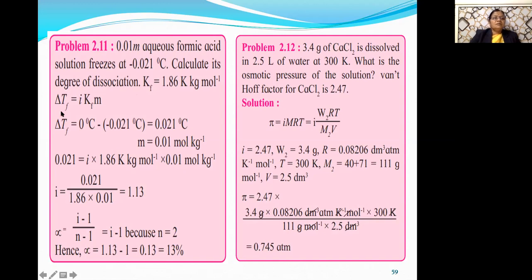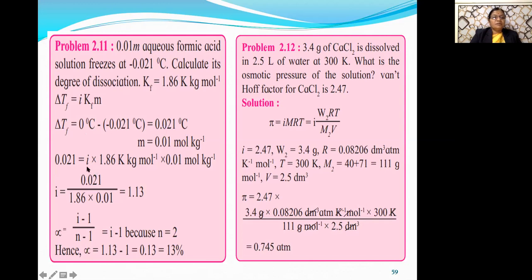Now this is the modified formula: delta Tf is equal to i into Kf into m. Delta Tf means the depression in freezing point, that is the pure solvent freezing point minus the freezing point of the solution. The difference between the two is always positive, that is 0.021 degrees Celsius. Molality is given as 0.01. Here we have to calculate the degree of dissociation.